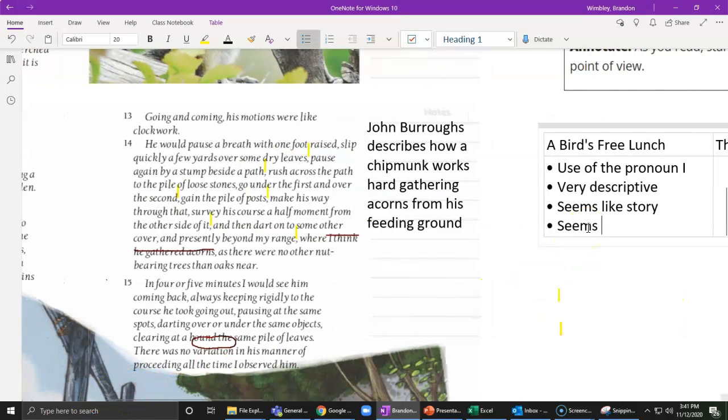It seems like the narrator is part of the story. Now notice, I'm typing in a bird's free lunch, so I do need to move this over to the chipmunk when I'm finished. And now my next part is, because he's using this first person point of view, it gives a sense of the narrator's interest in what he's observing.